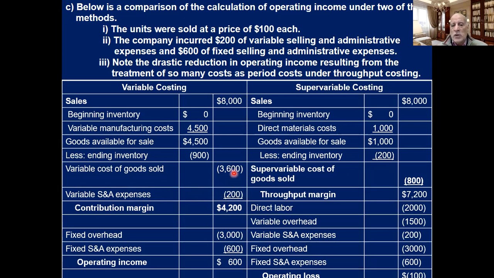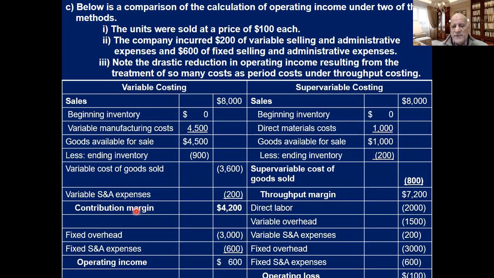So the total of both the variable cost of goods sold and the variable selling and administrative costs should be subtracted from the sales revenue. So the result is the contribution margin, $4,200.